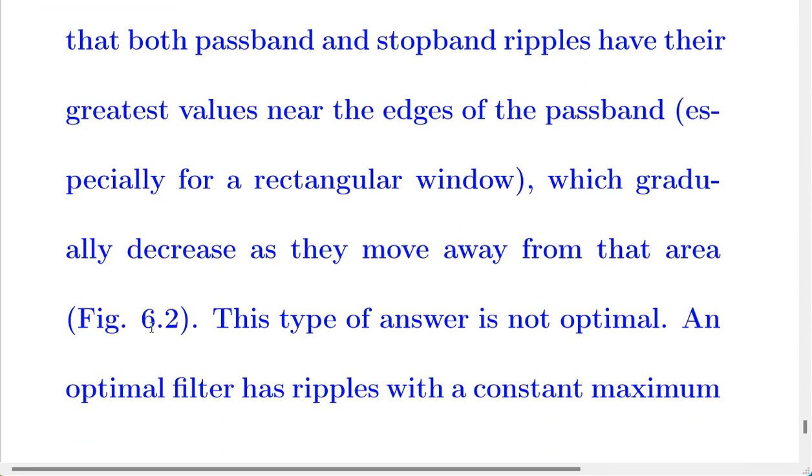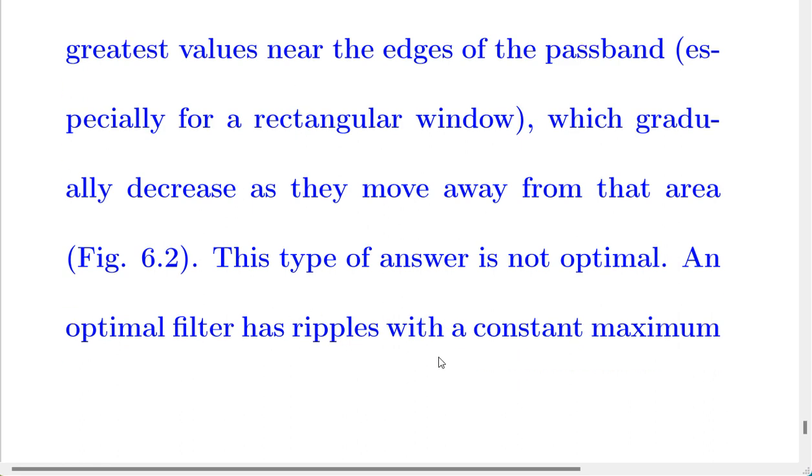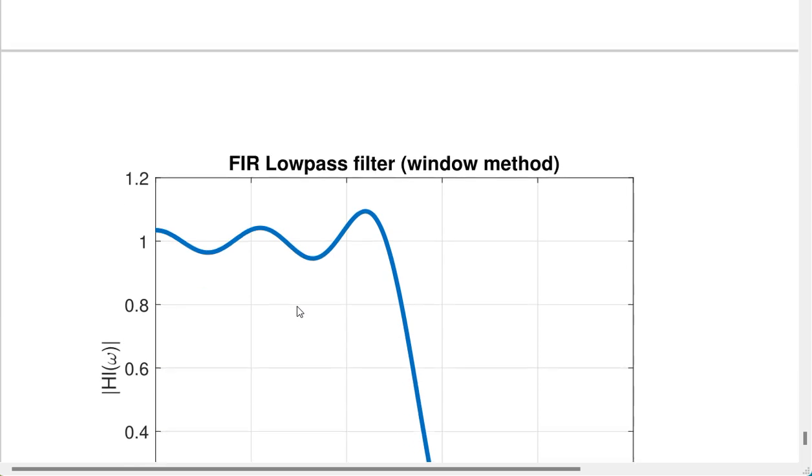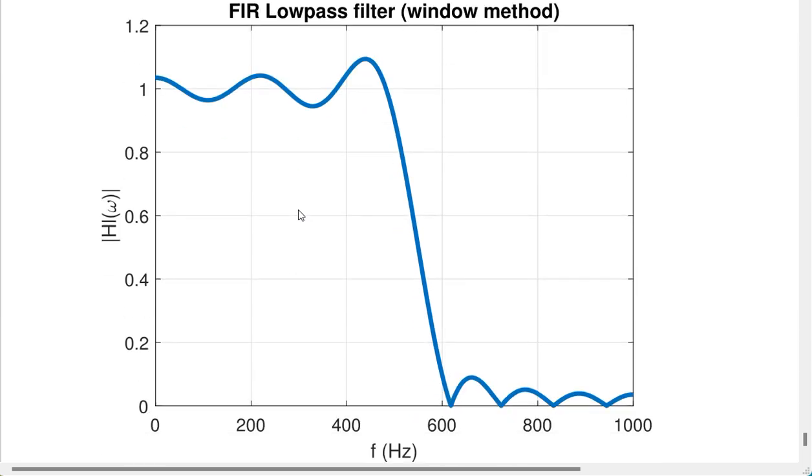We'll show it in figure 6.2. This type of answer is not optimal. An optimal filter has ripples with a constant maximum amplitude for the passband and the stopband and are independent of each other. Here you see what we explained. Okay? Cutoff stopband frequencies.